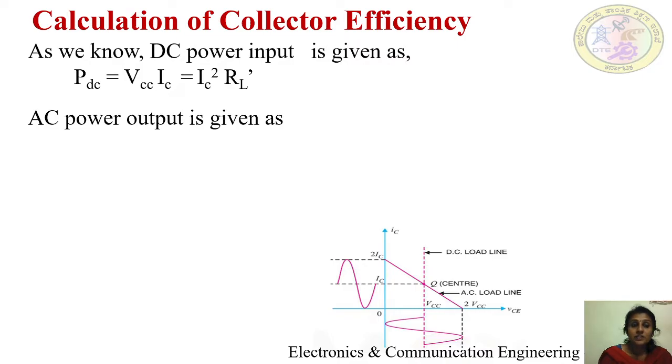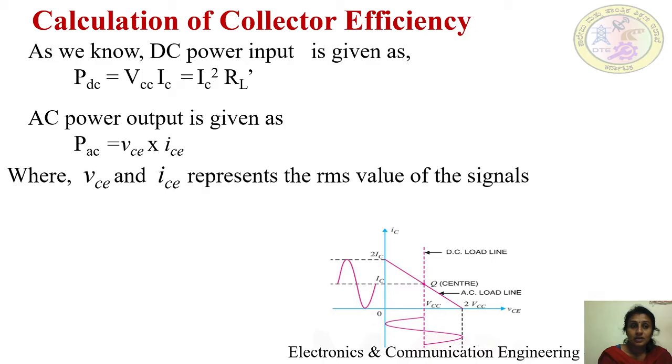The AC power output is given as PAC equal to VCE into ICE, where VCE and ICE represent the RMS values of the signals. VCE is equal to Vm by root 2, and ICE is equal to Im by root 2.